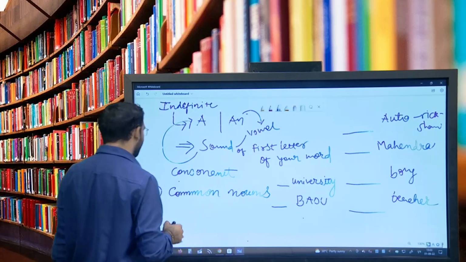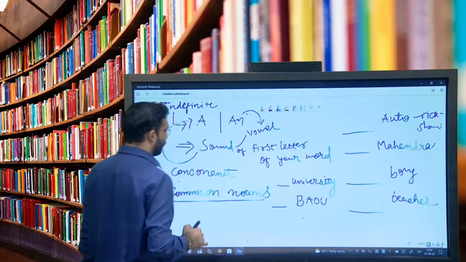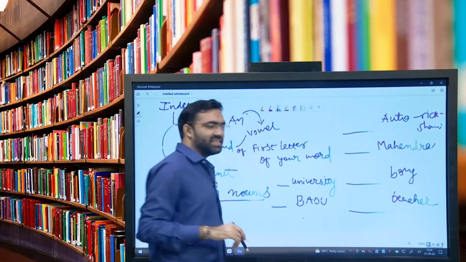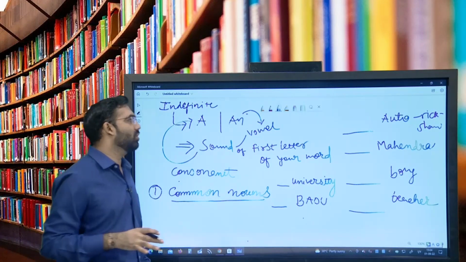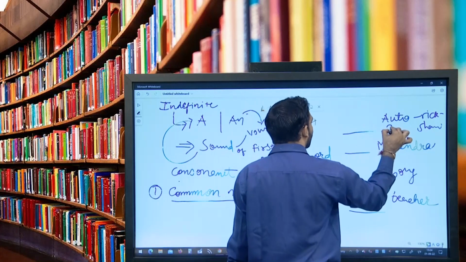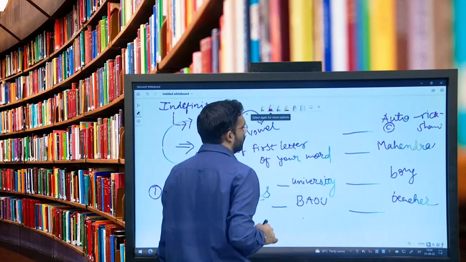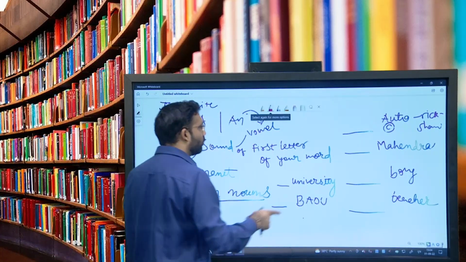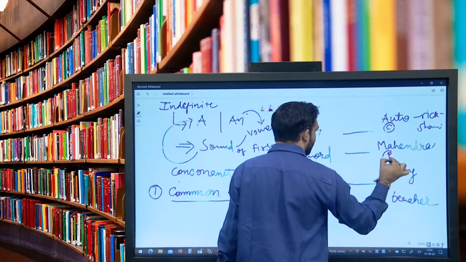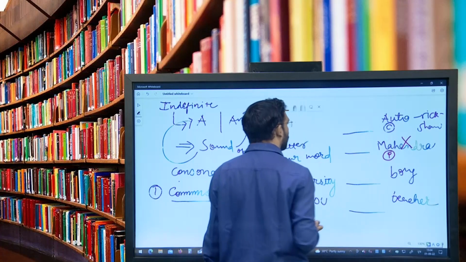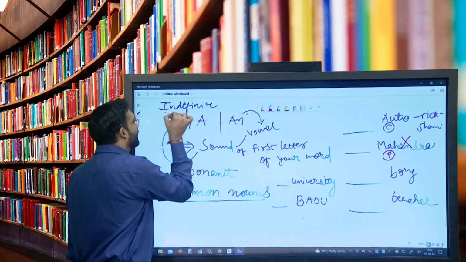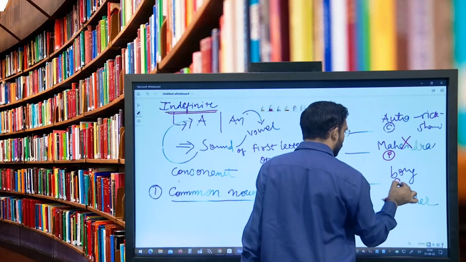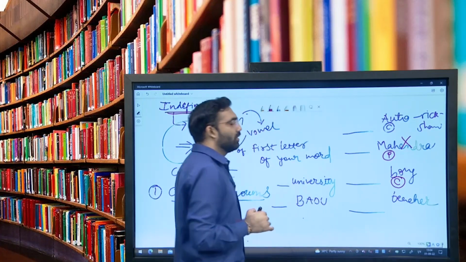Now, the very first condition which we are looking at is that it should be a common noun. I'm sure you remember. Is auto rickshaw a specific name given to a person, place or thing? No. Then it is a common noun. Mahendra is a specific name given to a boy, so this is a proper noun. You would not use an indefinite article before Mahendra. Boy? Any boy? Again, it is a common noun.